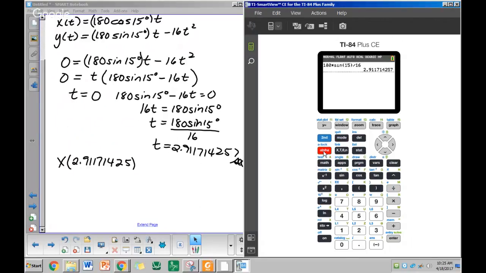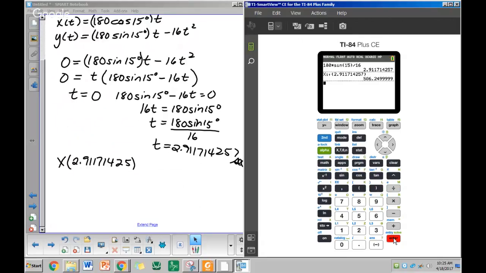F4. Alpha F4. Now, I want the x instead of the y in this case. And I don't have to store this, I can just go up and grab it. So there it is, close parentheses.